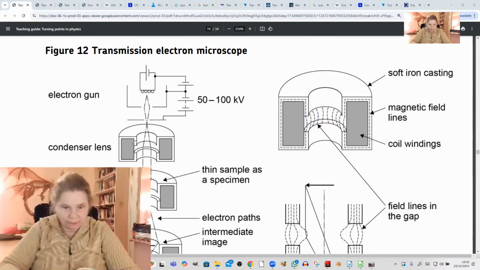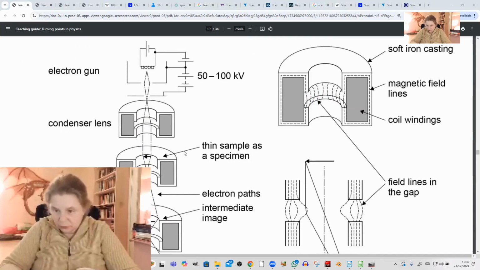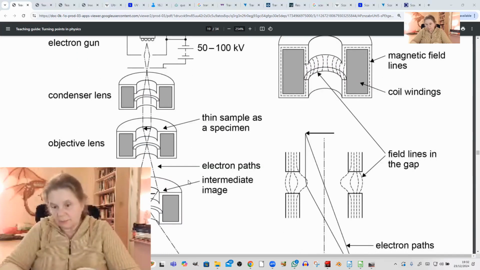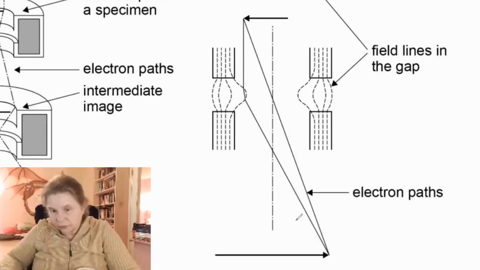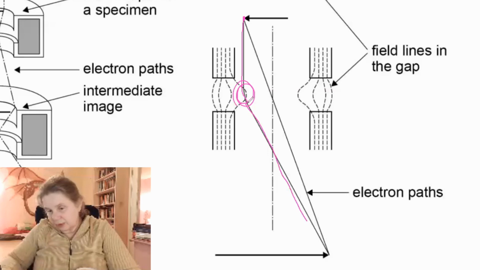So if I change my thing to a mouse and move this up, can you see that if you've got two electrons, one that starts here and goes straight down, that one's going to get bent by the magnetic field there, and it's going to end up down there.